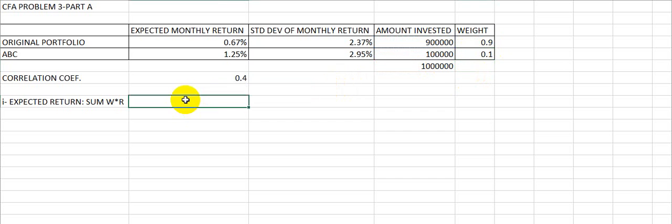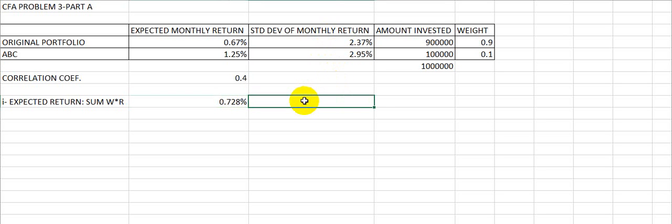So the expected return will be the sum of weights times the return: 0.9 times 0.67 plus 0.1 times 1.25%, which means that percentage-wise the monthly expected return for her portfolio is 0.728%.